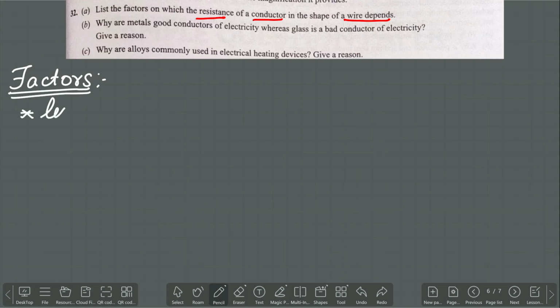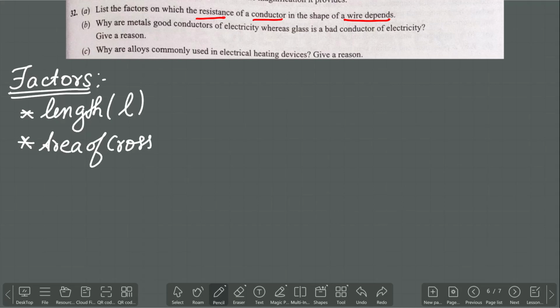The first one is the length of the conducting material. Length is represented by the letter L. And the second one is area of cross section, represented by the letter A. And the third one is nature of material.